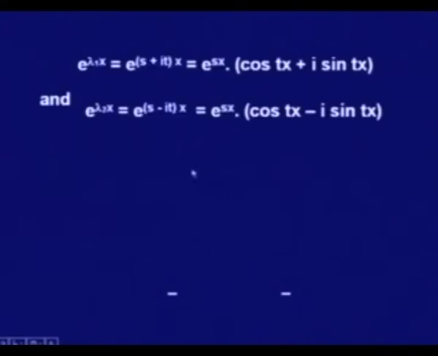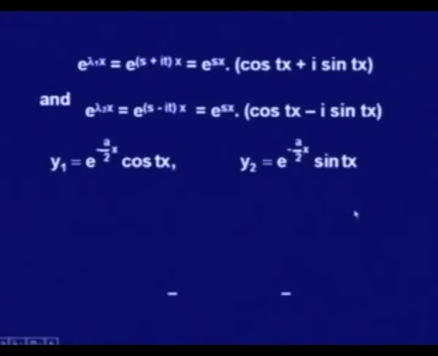So, if I divide it by 2, I would get the two solutions as e to the power minus a by 2 x cos t x, and another is e to the power minus a by 2 x sin t x.